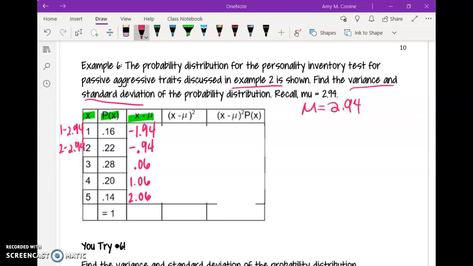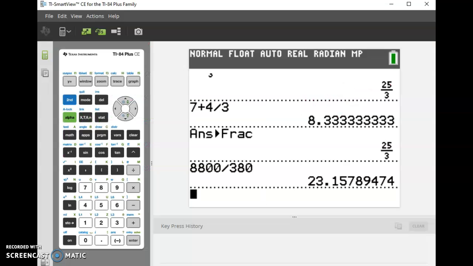Now in our fourth column, we're going to take the subtraction we just did and square it. So we're going to take the negative 1.94 and square it. I'm going to bring up my calculator.